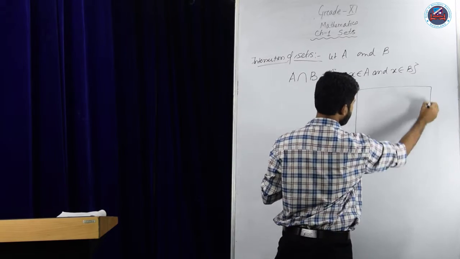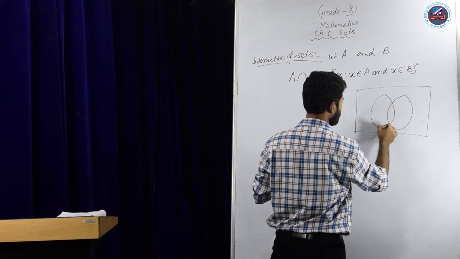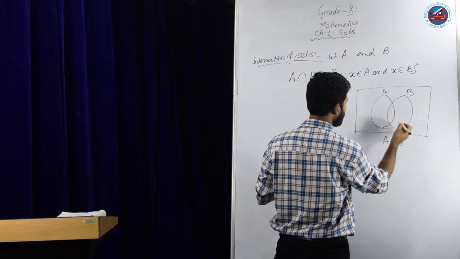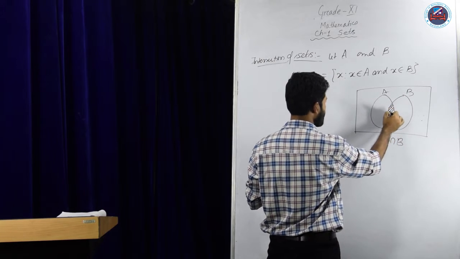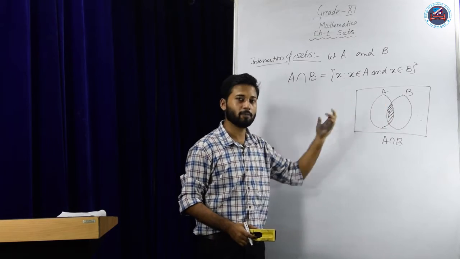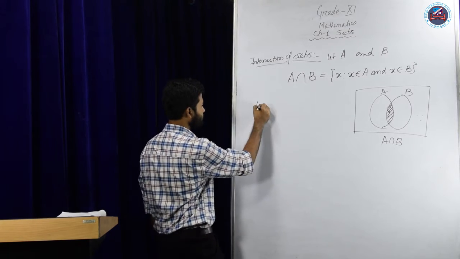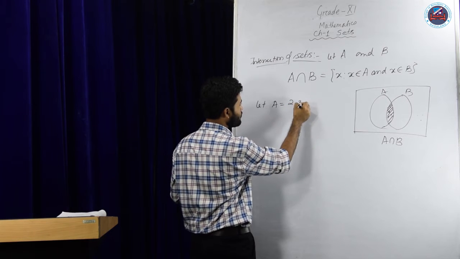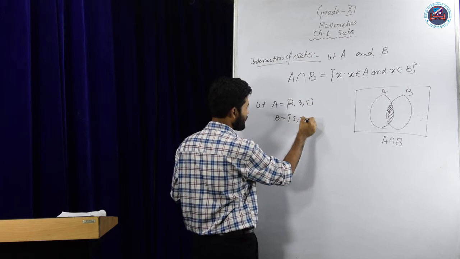If I take the Venn diagram, here if this is our A and this is our B, so A intersection B will be this particular portion. Whatever elements lie inside this portion will be the intersection of A and B. So for example, let us take A is equal to {2, 3, 5} and B is equal to {5, 7, 9}.